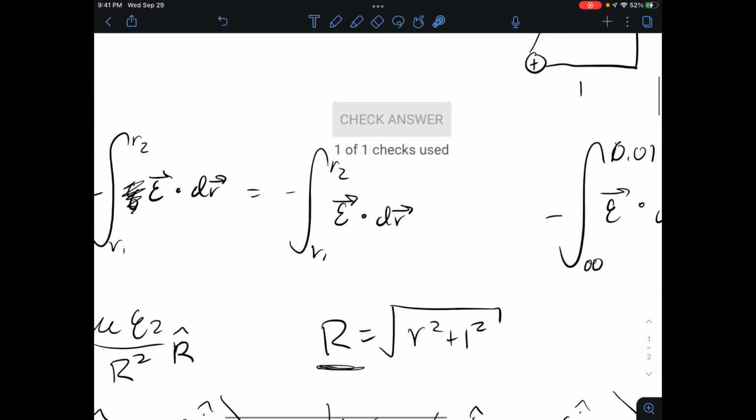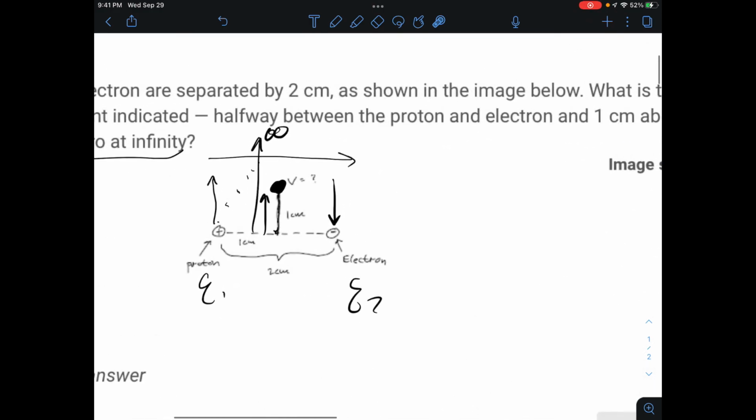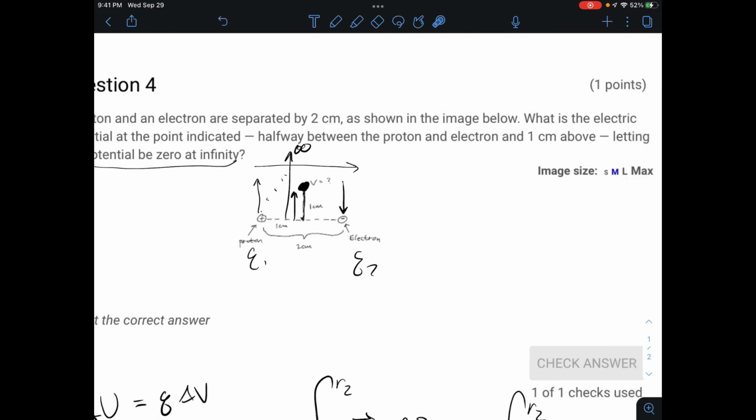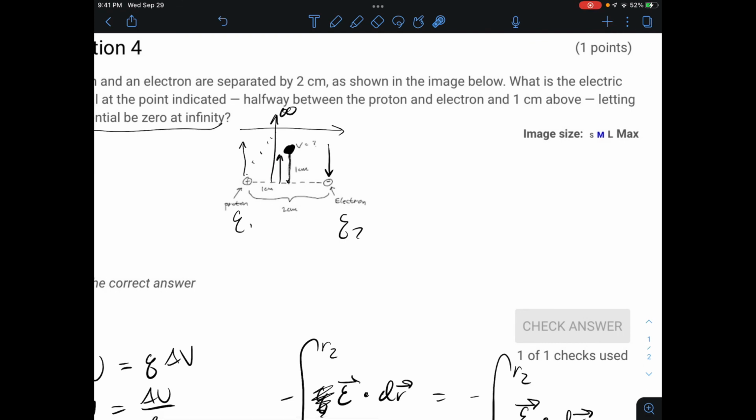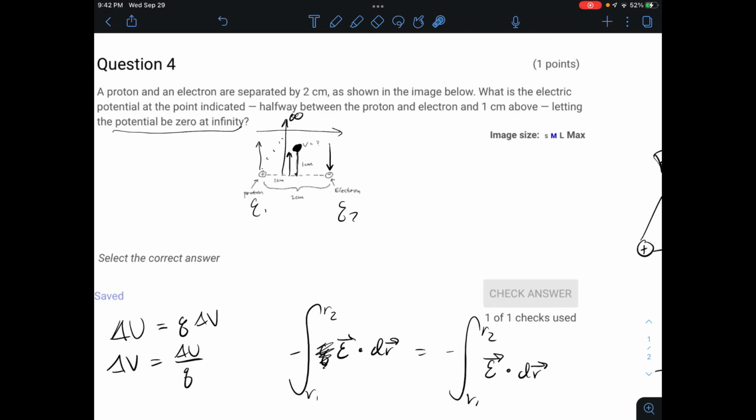Now let's look at this dr. It's the only other part that we need to find, and then we can plug it back into our original equation to get that potential difference. So when we're looking at r, like I was saying earlier, this is our first r, this is our second r. Our direction is going to be vertical, so it's in the positive j hat direction, and it's just going to have the magnitude of r.